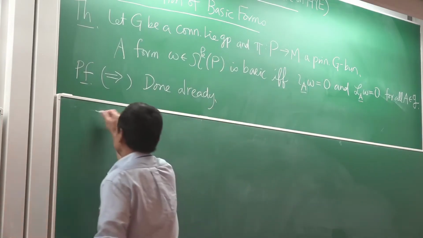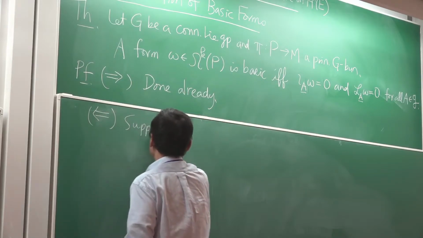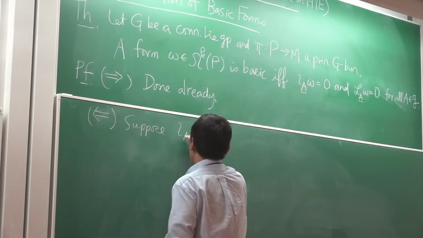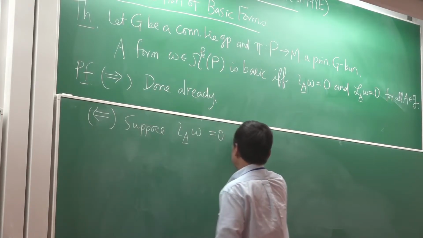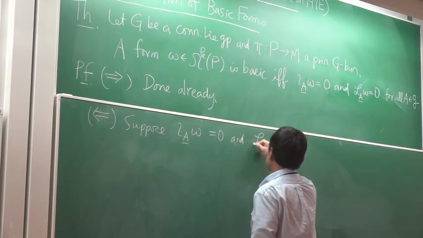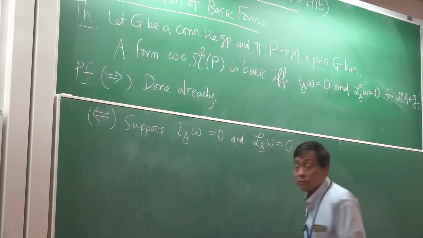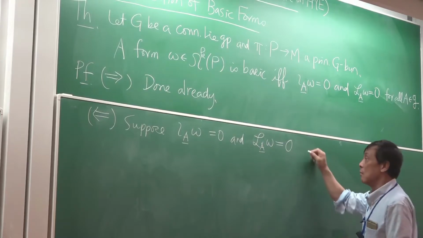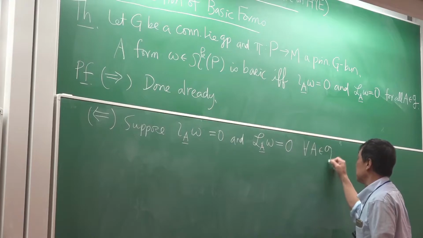Okay, so now we want to prove the other direction. So suppose iota A bar omega equals 0, and the Lie derivative of omega is also 0 with respect to all fundamental vector fields.